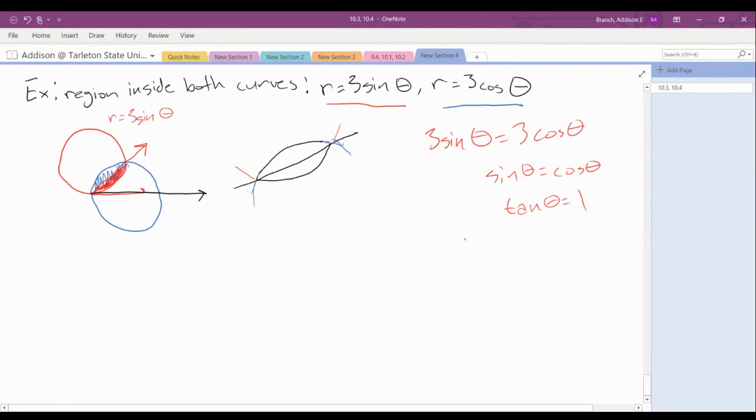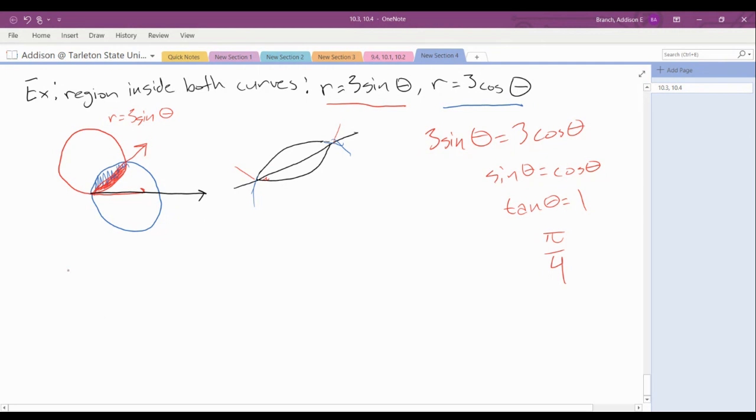And it looks like we're about in the first quadrant, so therefore we can say pi over 4 is our intersection. To make this easier, we're going to go ahead and just solve for that little piece.